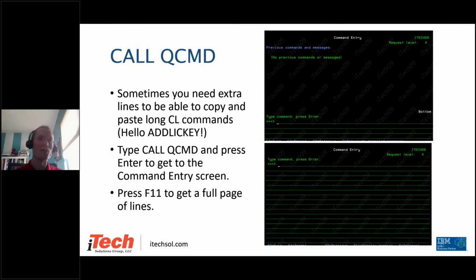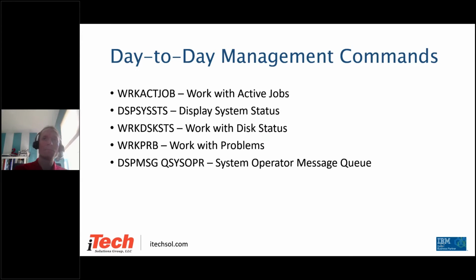The nice way to copy and paste large CL commands is to call QCMD, and then press F11 to get an entire page of command lines to paste onto. This is very handy, as you'll certainly get some long commands, and having a whole page will give you enough room to put them in and run them.